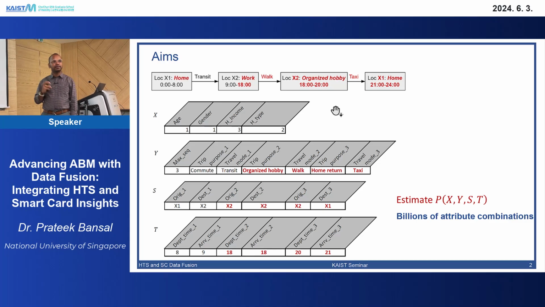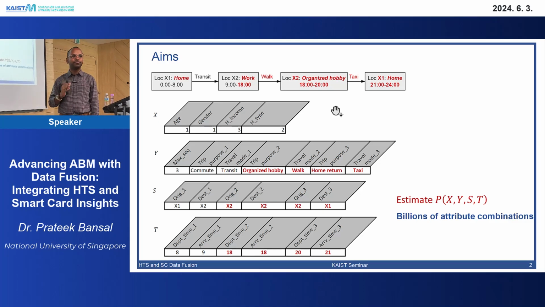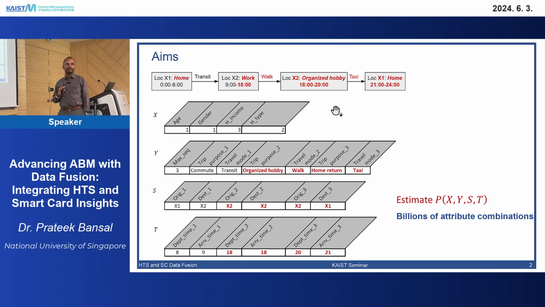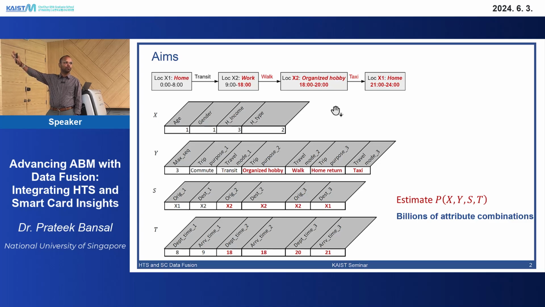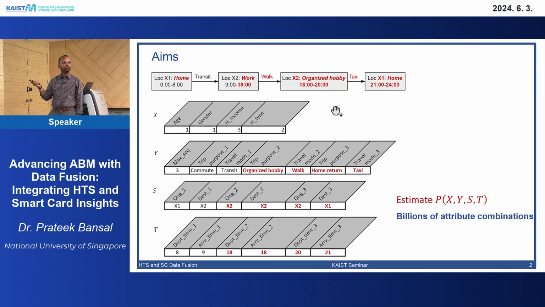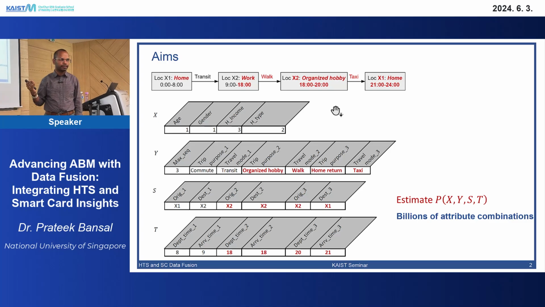So I'll first set up the problem, what we really want to achieve. If you think about the activity schedules, what we have is 4 types of attributes. One is the X, which includes the age, gender, income, and all sorts of sociodemographic attributes, right?